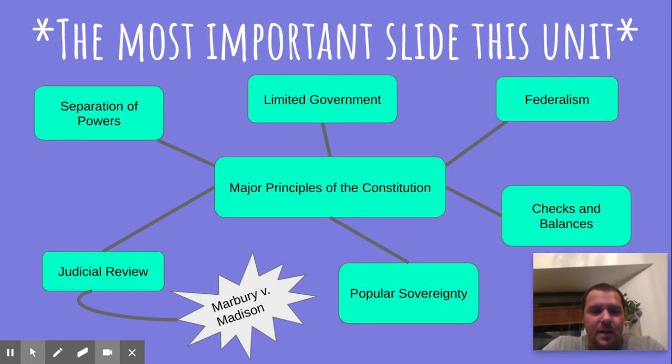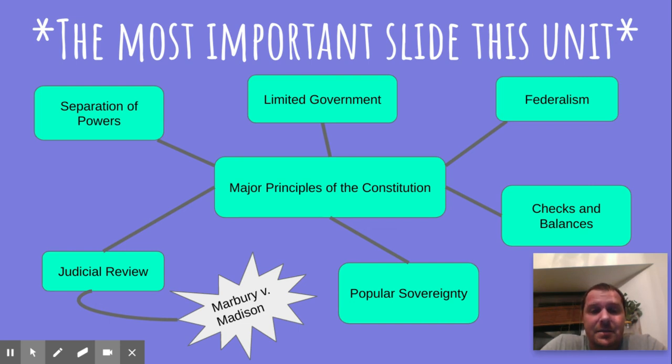And we'll talk a lot more about judicial review in later units, but the connection to the case of Marbury versus Madison is that Marbury versus Madison was the first Supreme Court case where judicial review was used. So it was way back in the early 1800s, and the Supreme Court ruled on the constitutionality of a law for the first time. So judicial review has been around for several hundred years at this point.